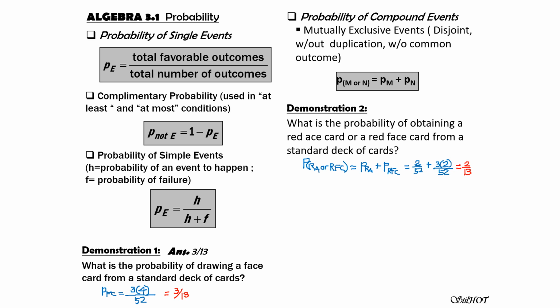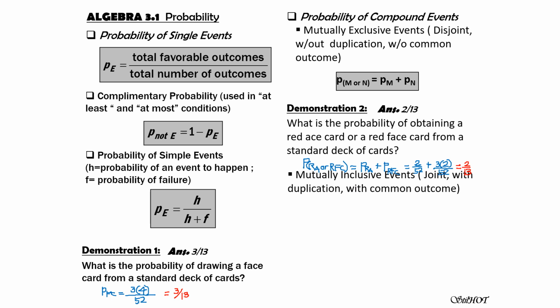So let's proceed to compound events, but this time mutually inclusive events. These are joint, with duplication, with common outcome.